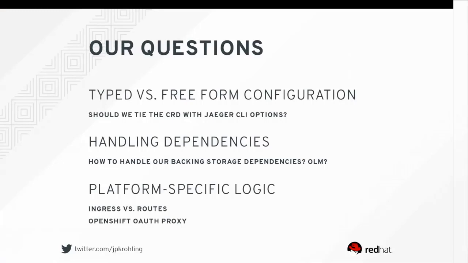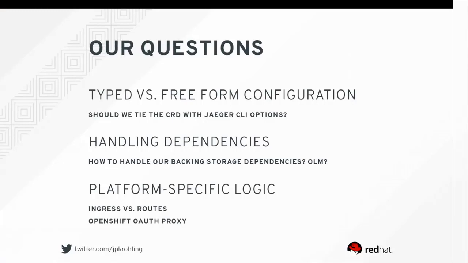And if the option is an invalid one, then it will crash later, and the pod will be in a crash loop state. Or should we validate everything in the operator, meaning that the operator knows about every single option from the binary? And that kind of implies that we have to have a one-to-one version of the operator and the underlying Jaeger version. So this is something that we are discussing, and we don't have a good answer yet. If you did discuss that related to your operator, let us know and tell us what you decided.